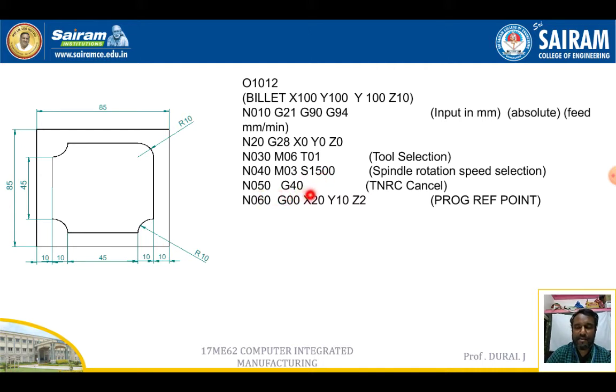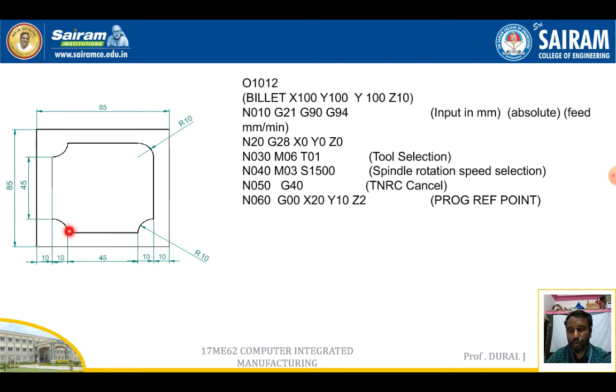Then TNRC cancel, because along with the axis line, the tool has to be moved along with the center. So in this way it moves, so we are taking it as TNRC cancel. The first point, G00, X20, Y10. Before that, how we are going to write the program is, first we bring the tool over here, and at the top of the workpiece we are going to stop.